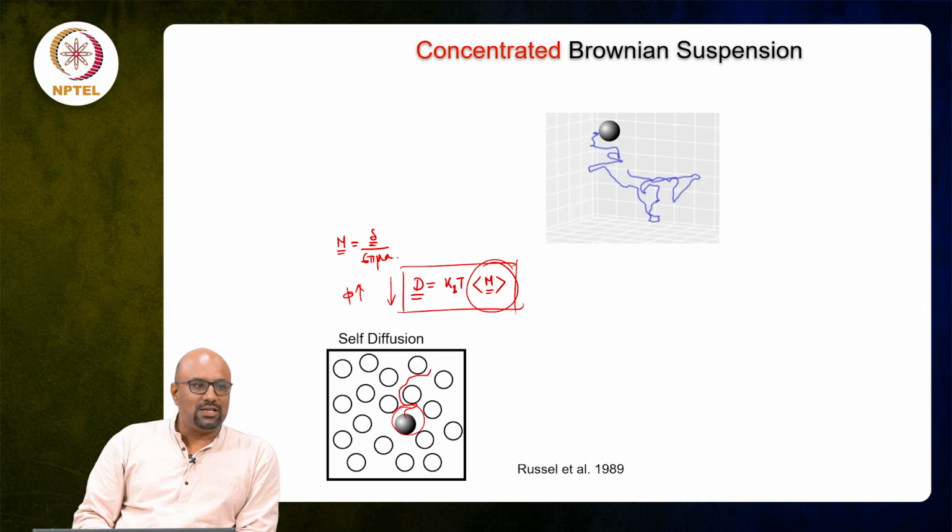So, you are not as mobile as before. Now, this is an example of diffusion where the volume fraction of both the tagged and the untagged particle is the same, right.